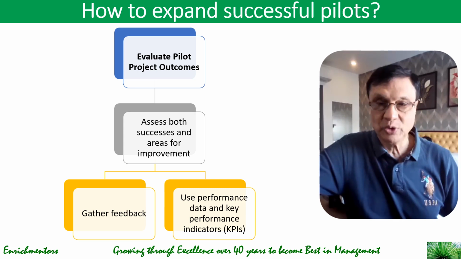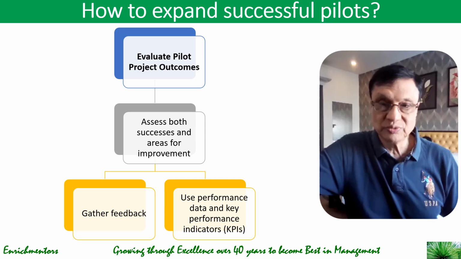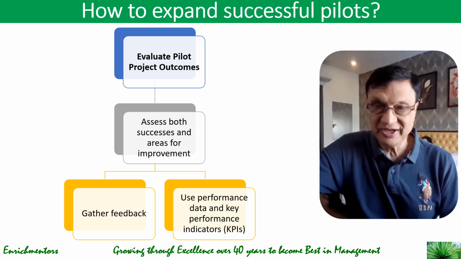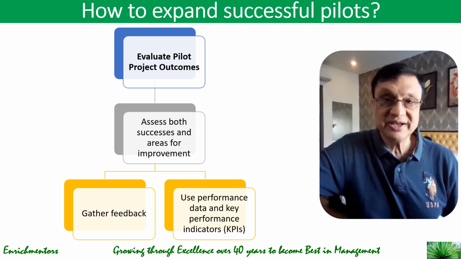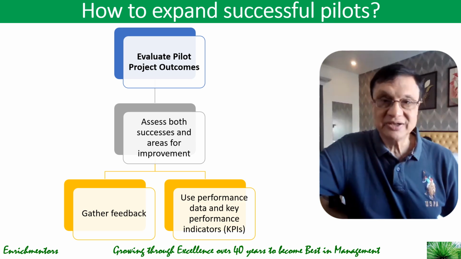So you look at it from a holistic perspective. For example, after running the agile recruitment pilot for 3 months, you may have seen a 20% reduction in time to hire, and based on the feedback from hiring managers and candidates, you could see an improvement in the experience. That's where you can begin to expand the successful pilots that you have.